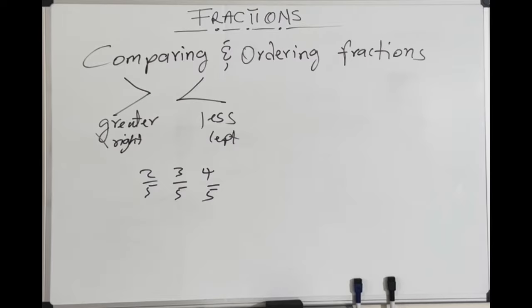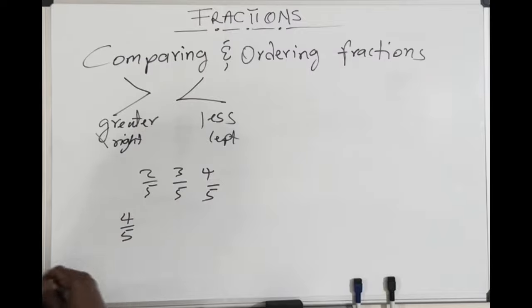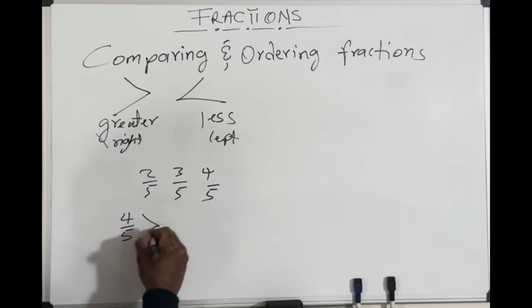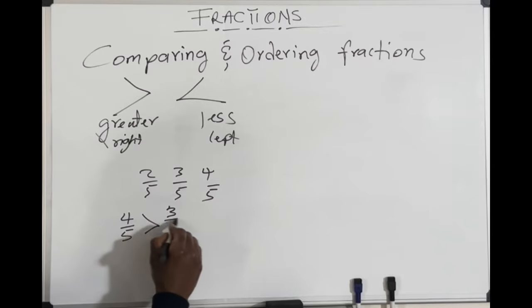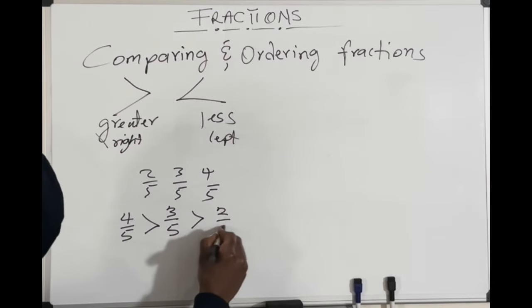We could write this as 4 over 5 is greater than 3 over 5, and then 3 over 5 is greater than 2 over 5.